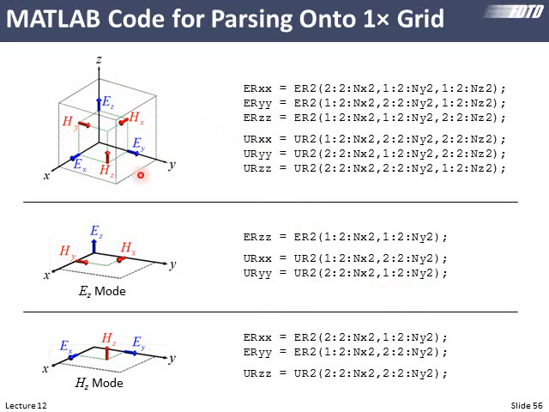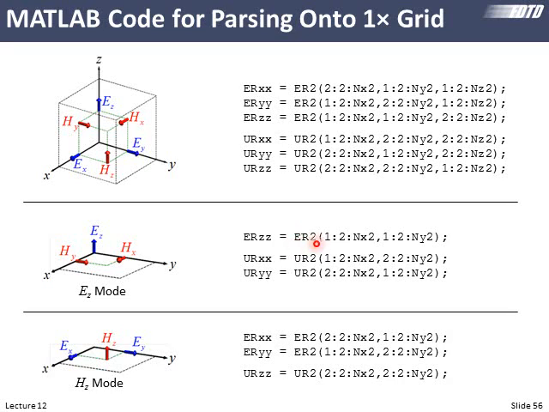And if we have a fully three-dimensional grid, here's how we do the parsing. And if we had the H mode, here's how we do the parsing. But you'll notice both of these sets of equations are really just special cases of the fully three-dimensional case. So one line of MATLAB code to pull off from the 2x grid to the 1x grid. Notice we have this ER2.